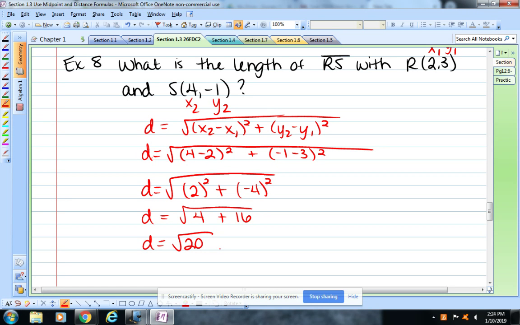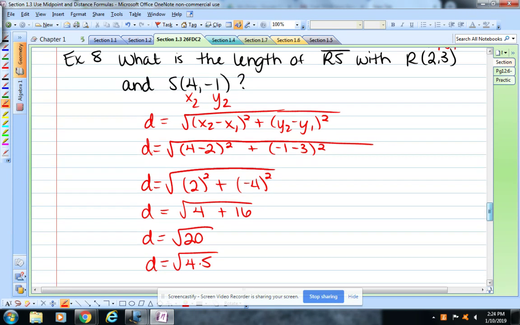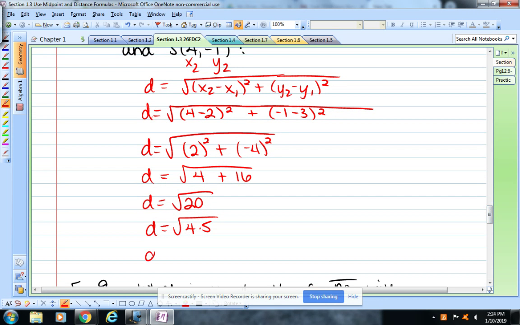So what is the largest square that goes into 20? 4. So change that to the square root of 4 times 5, correct? And what is the square root of 4? 2. Pull that outside. So D, the distance is 2 radical 5. Okay? So if they're asking for an exact answer, that's the answer, 2 radical 5.